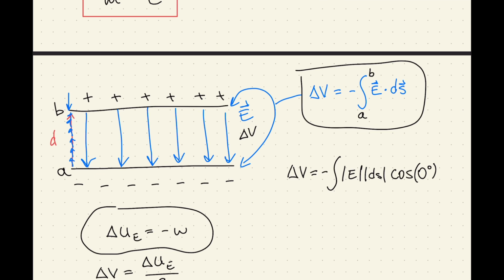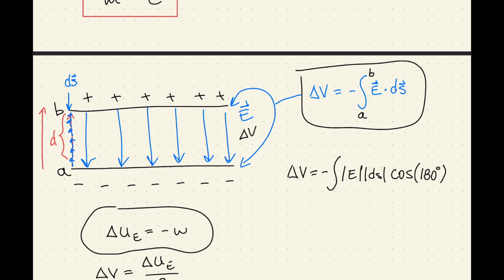Let me write down this over here, and let me write down ds like this. So again, cosine in this case, since the direction of our vector A to B is going against the electric field, the angle between this and this is exactly opposite. So instead of it being 0 degrees, right here I will put 180 degrees.